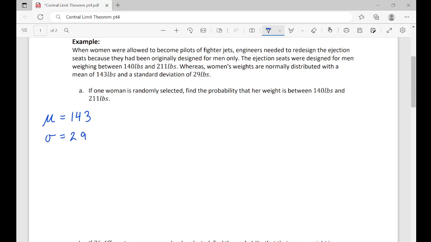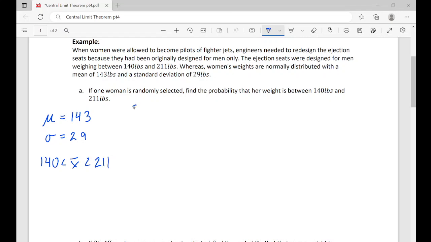So our mean is 143, and our standard deviation is 29. But now our x value is between two values. So we're going to say 140 is less than x, less than 211. And we're going to find two z-scores, one for 140 and one for 211.